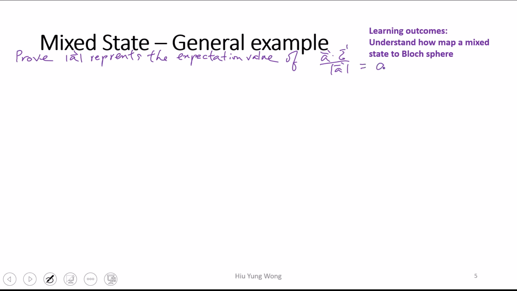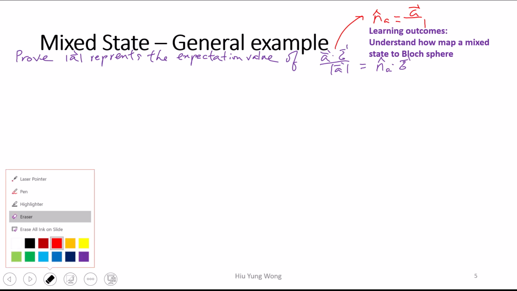So instead of doing this, I can write it as A hat dot sigma. Here I normalize it, making A hat equal to A divided by its magnitude. Why do we do this? Because it is a mixed state, A might not be a unit vector, right? It can be shorter than 1. So that's why we normalize it by dividing by its magnitude.